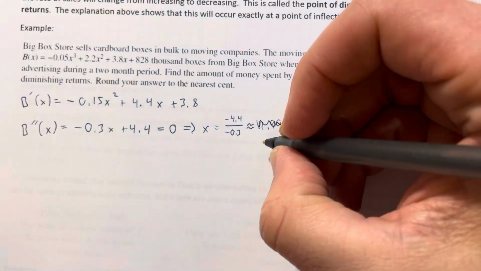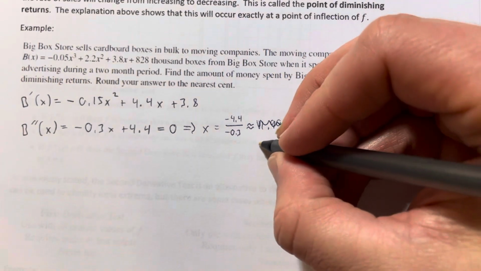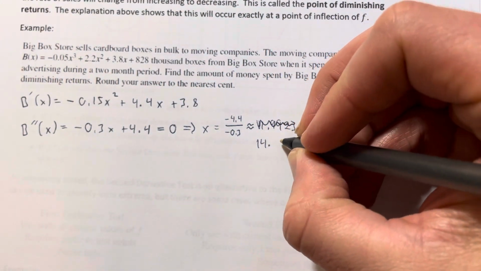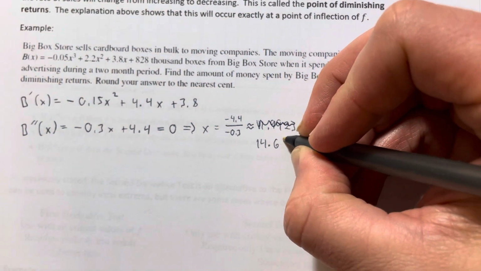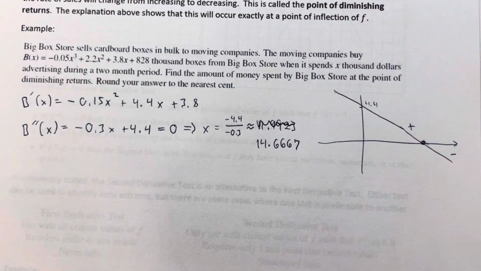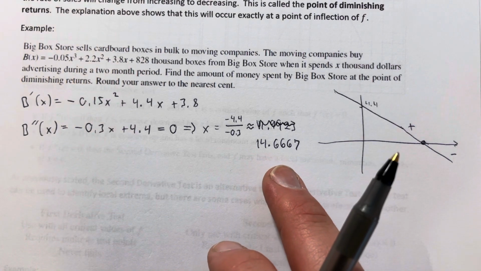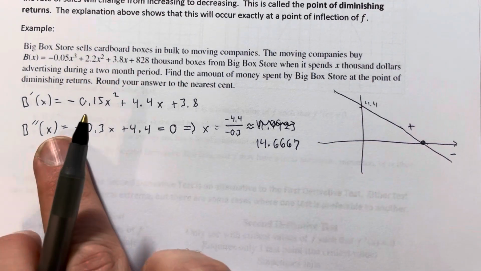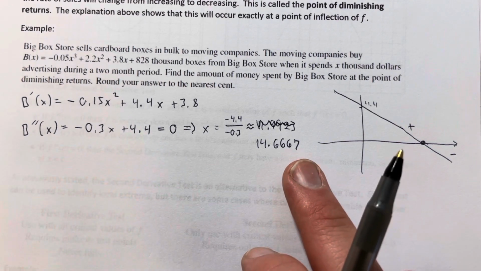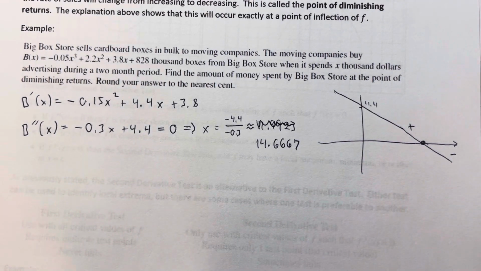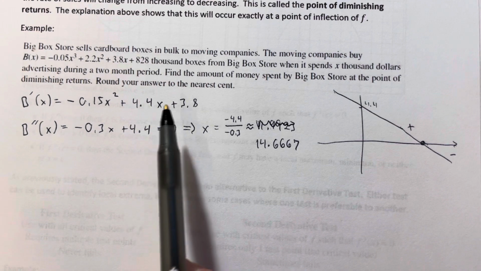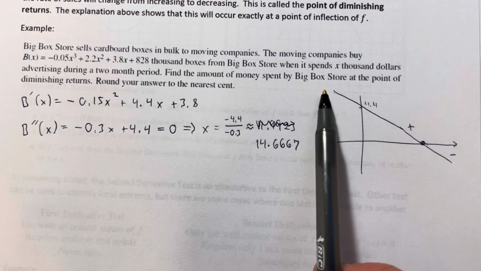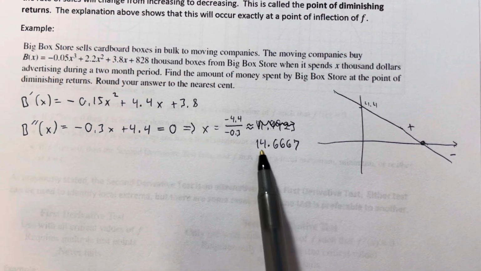It's going to be approximately 14.6667. Okay, so that's where the point of inflection is going to occur in this graph, and it's also where the point of diminishing returns will be. We're specifically looking for the amount of money spent, which is what this x value represents.